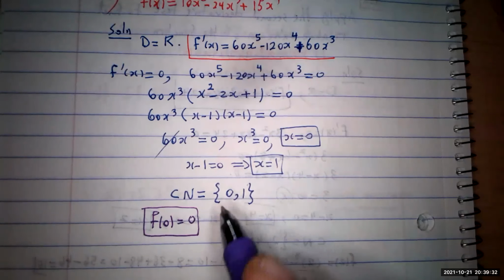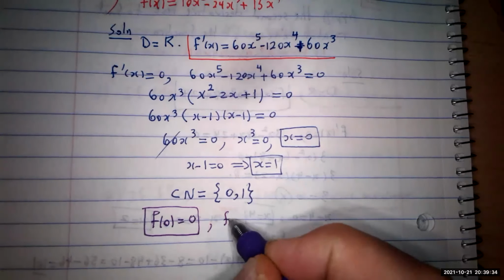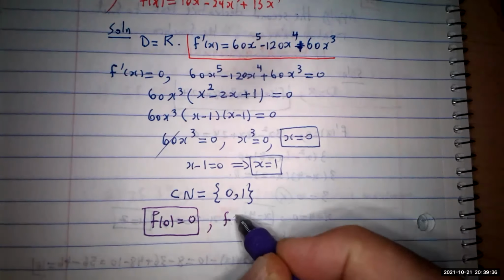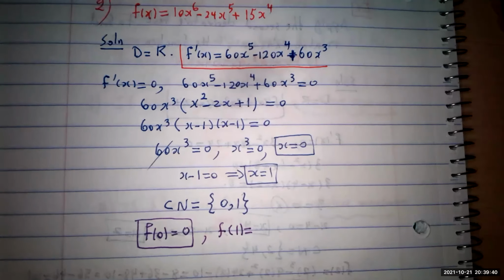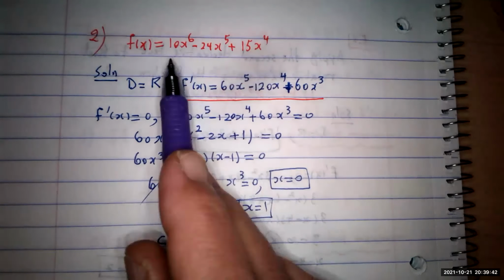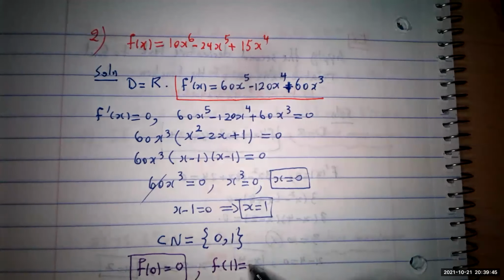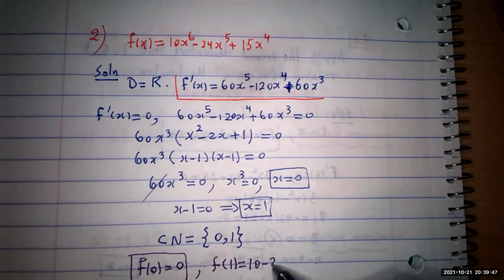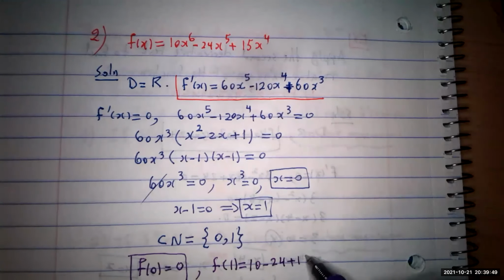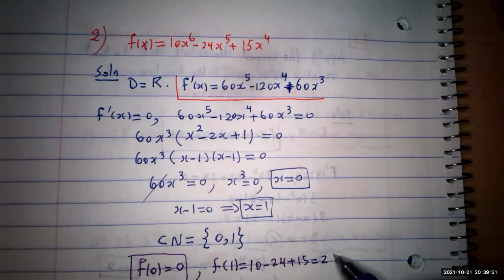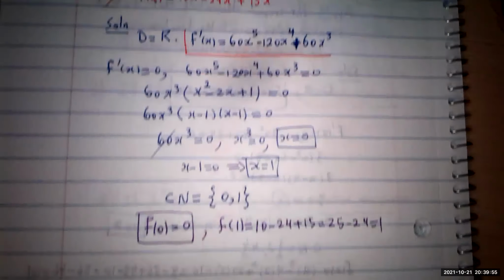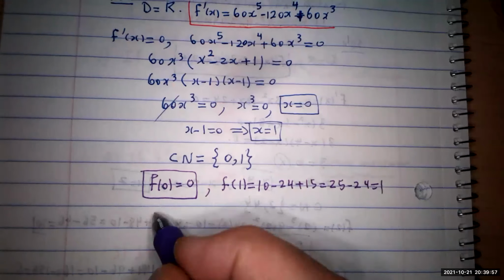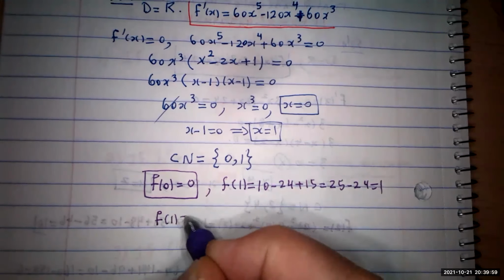Then you find f of 1. If you drop the 1 into the function, that gives you 10 minus 24 plus 15, which is 25 minus 24. So the result would be 1. So f of 1 is equal to 1.